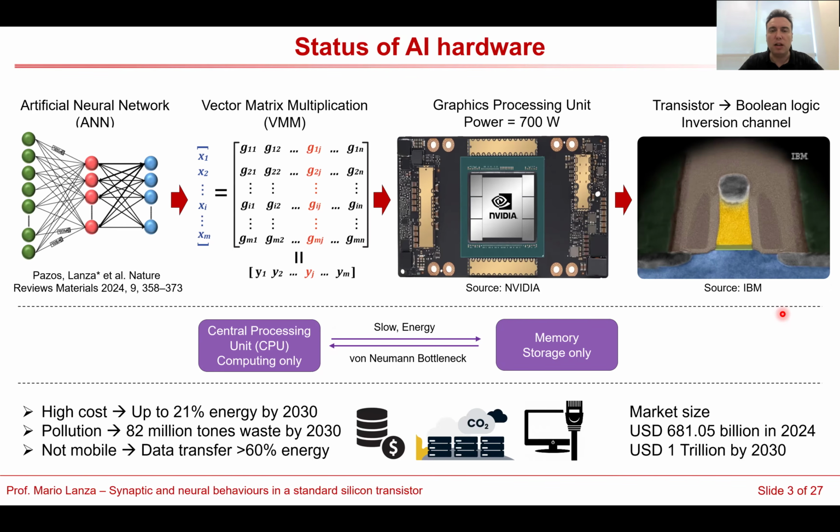These mathematical operations are performed using graphics processing units, which are made of billions of silicon CMOS transistors that are acting as switches. When we apply a voltage in the gate, we can form an inversion channel between the source and the drain, and this can allow us to emulate the zeros and ones of the binary code.